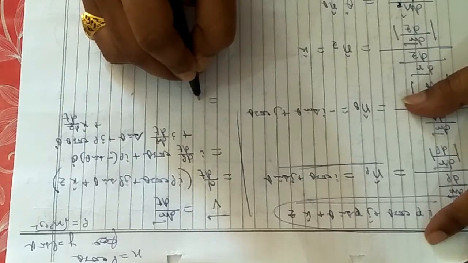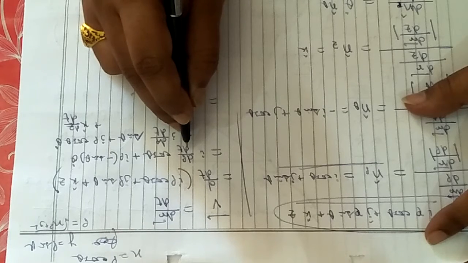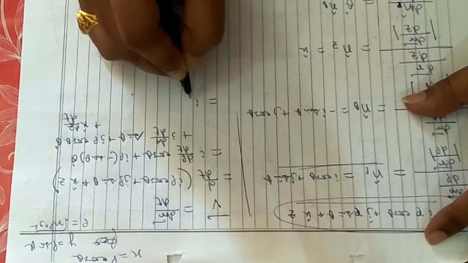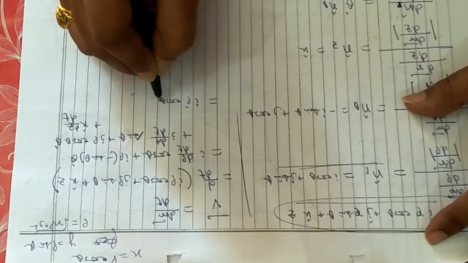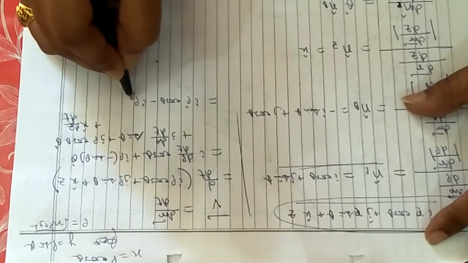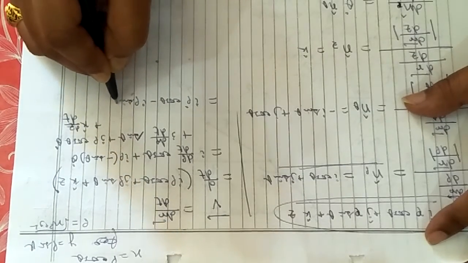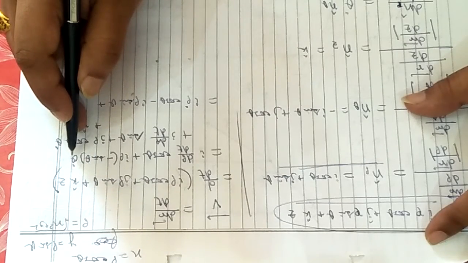So it will converge to d rho dt. Instead of this d rho dt, you can put rho dot, this I rho dot cos theta minus this term, minus I rho sin theta plus this term theta dot.